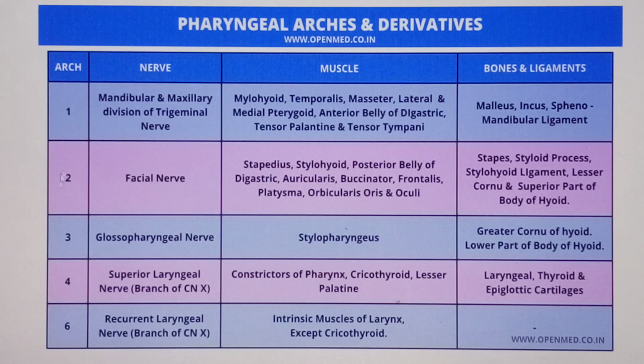And my friends, the nerve that will be supplying the first pharyngeal arch is the mandibular nerve, the third division of the trigeminal nerve. The main muscles this one will be supplying are the muscles of mastication. And I don't need to tell you the muscles of mastication: the temporalis muscle, the masseter muscle, the lateral and medial pterygoid muscles.